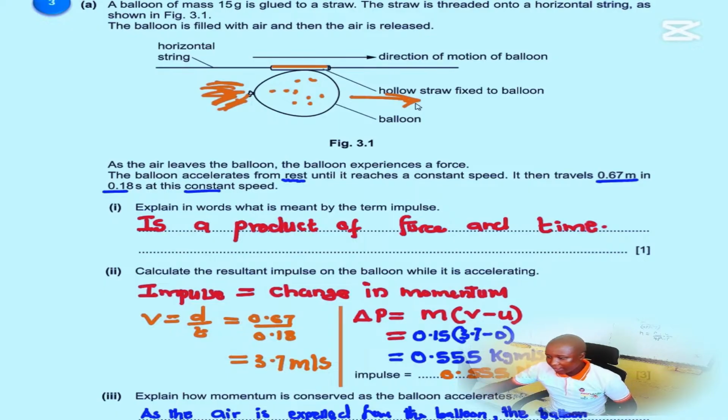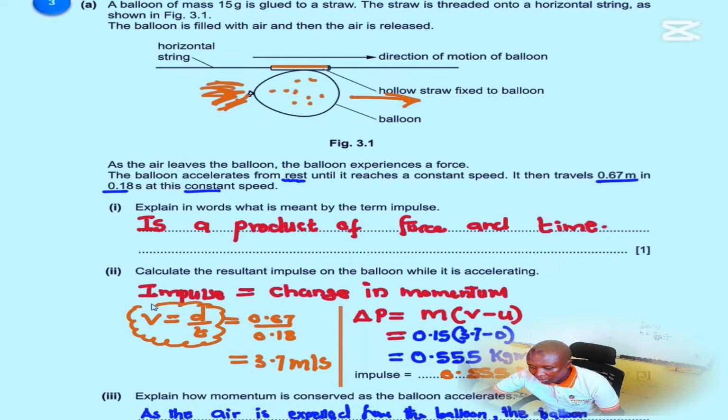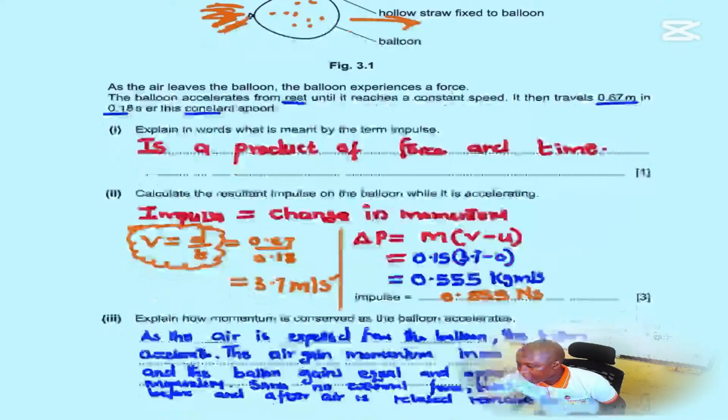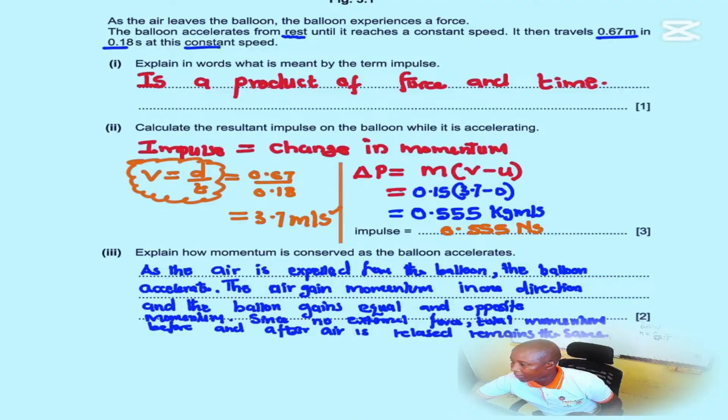The first thing that we are going to do here is to use the formula v equals distance over time in order to get the constant speed attained by the balloon. Once we have that, we use the formula impulse equals change in momentum, where change in momentum is equal to mass times (final velocity minus initial velocity).